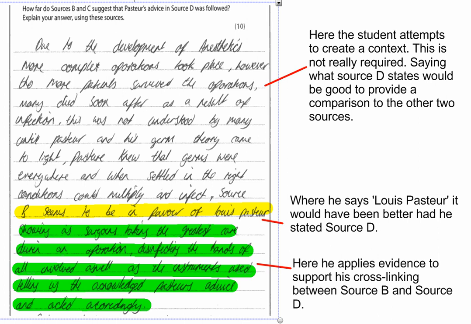He's cross-linking now, and he applies evidence as we see in green, showing us surgeons taking the greatest care during an operation, disinfecting hands of all involved as well as the instruments used, telling us that they acknowledged Pasteur's advice and acted accordingly. So he's linking now between source B, the picture, and source D. Pasteur's advice could not, on the other hand, have been taken by the surgeon in source C. So again, cross-linking between Pasteur's advice in D and what's been stated in C. We are told of a story of the man who refused to wear a clean coat during lectures.